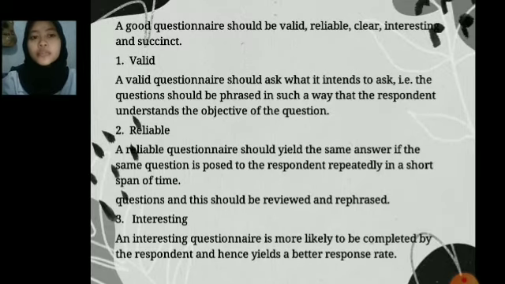A reliable questionnaire should yield the same answer if the same question is posed to the respondent repeatedly in a short span of time. And then number three, interesting. An interesting questionnaire is more likely to be completed by the respondent and hence yield a better response rate.